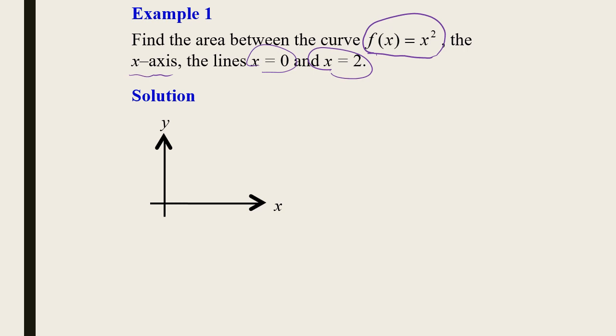It's a quadratic. First step is to know the shape of the quadratic function. Here we have x squared, so positive, so it should be a smile function.